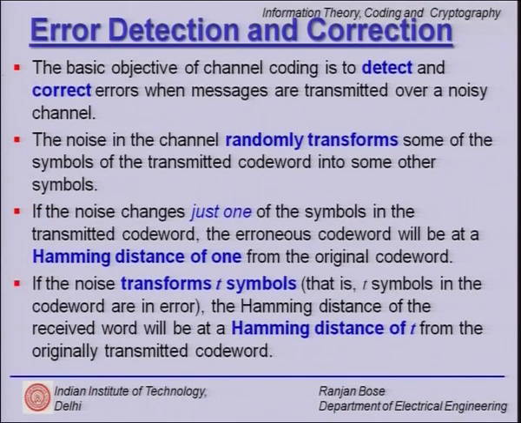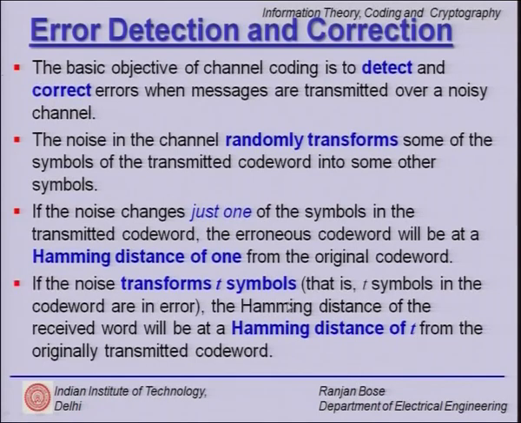Now, just observe that if only one of the symbols in the transmitted code word is erroneous, then the received vector will be at a distance 1 from the original code word. What distance are we talking about? The Hamming distance. If there are t symbols which have been changed, altered, flipped, then the Hamming distance of the received vector is t.